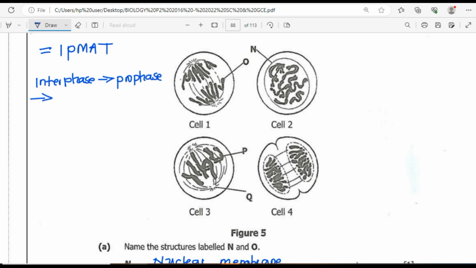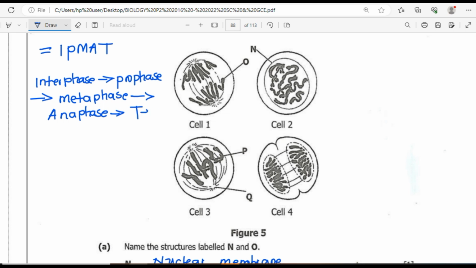After that, we have metaphase. Metaphase is where the chromatids start to rearrange. From there, we have anaphase, where the chromatids have moved to one side, like in cell 1. That is anaphase.